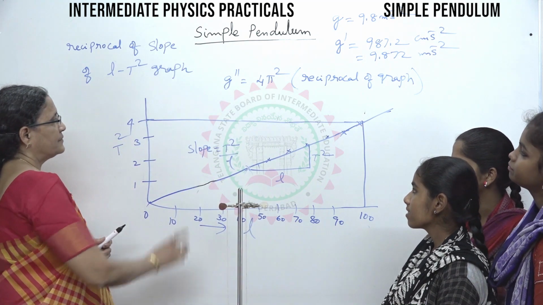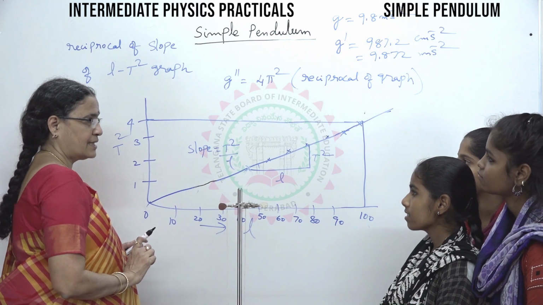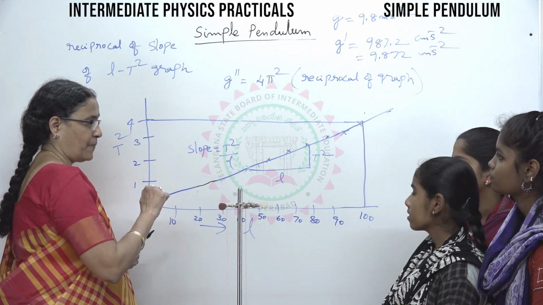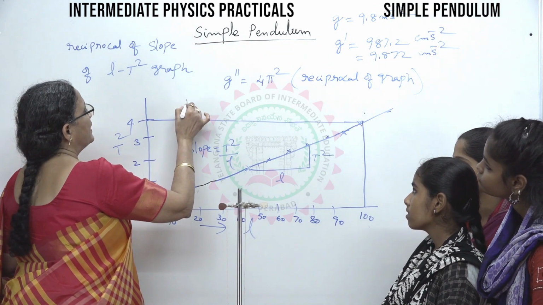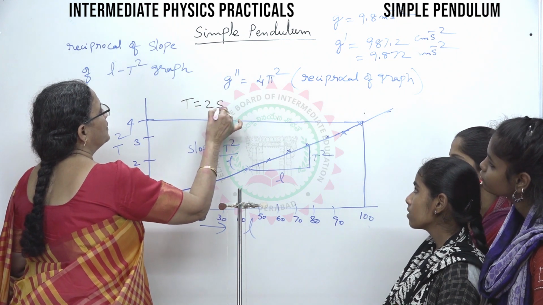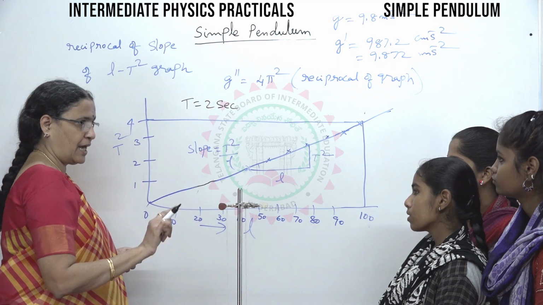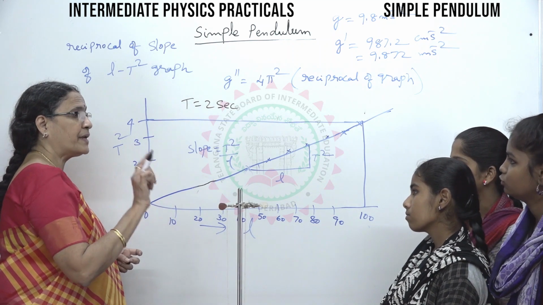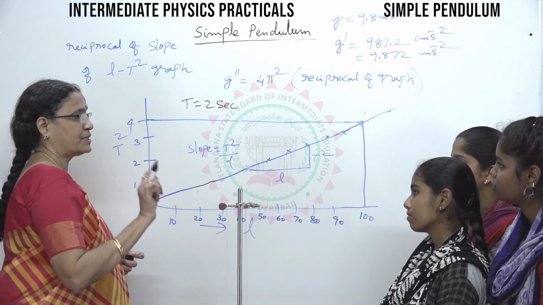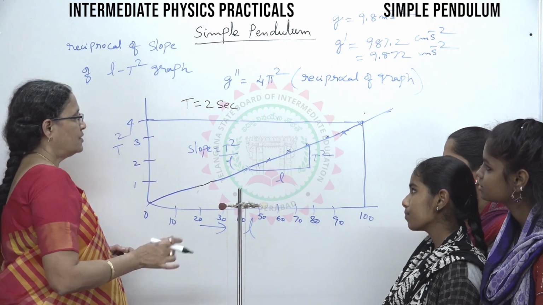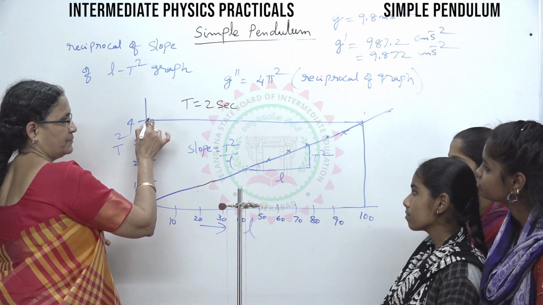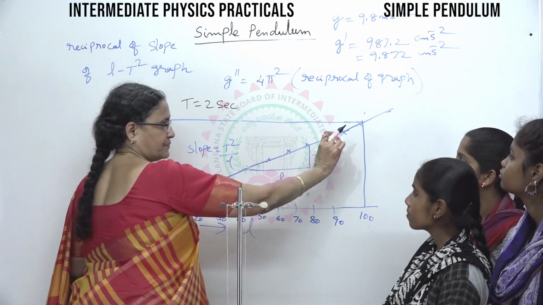Then how do we calculate the length of the seconds pendulum from the graph? For a seconds pendulum, T is equal to 2 seconds. A seconds pendulum is a pendulum whose time period of oscillation is 2 seconds. So T square is 4, and exactly at 4 you draw a line.